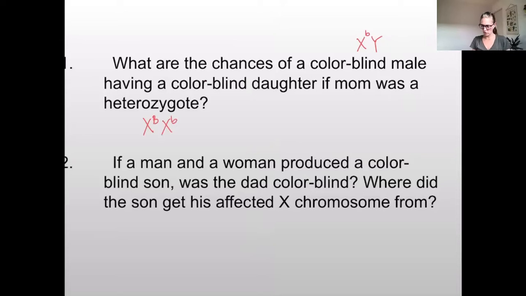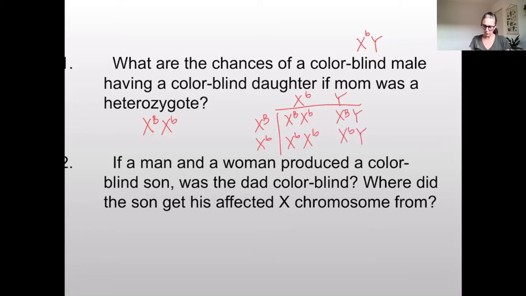We're going to do a Punnett square just like we did before, with the alleles for dad on one side and the alleles for mom on the other. If we're talking about an X-linked gene, we're always looking at 50% female and 50% male.